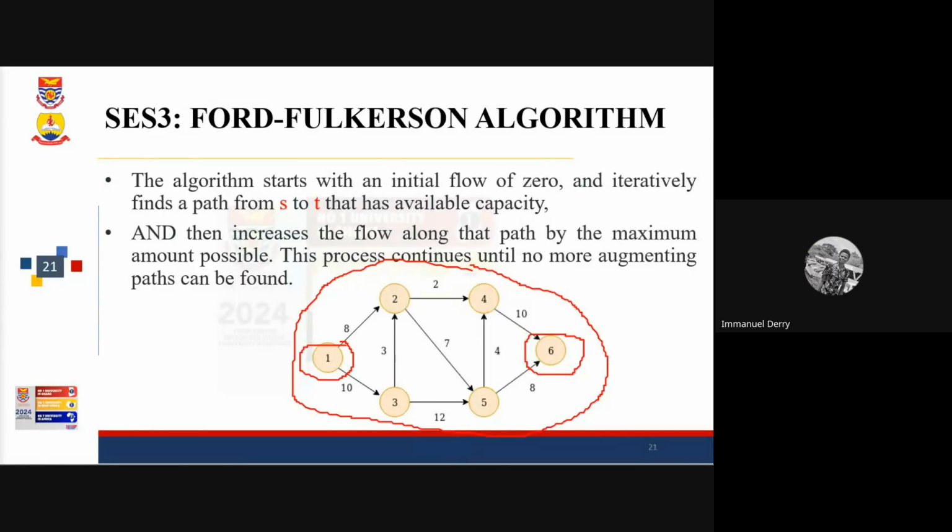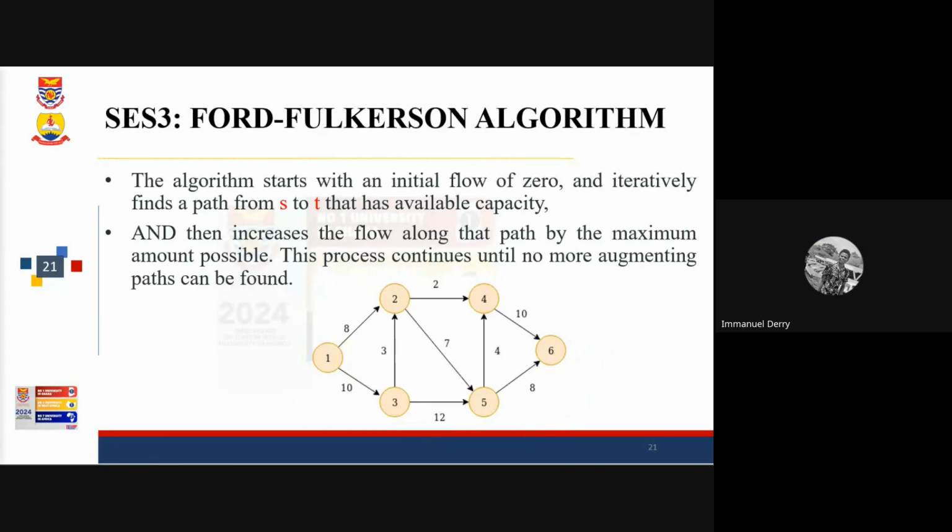So what Ford-Fulkerson does is that we first identify what we call the augmenting path in the flow network. The augmenting paths are valid paths from the source to the destination. Let me identify one of them, and then I believe you can also help me identify some.